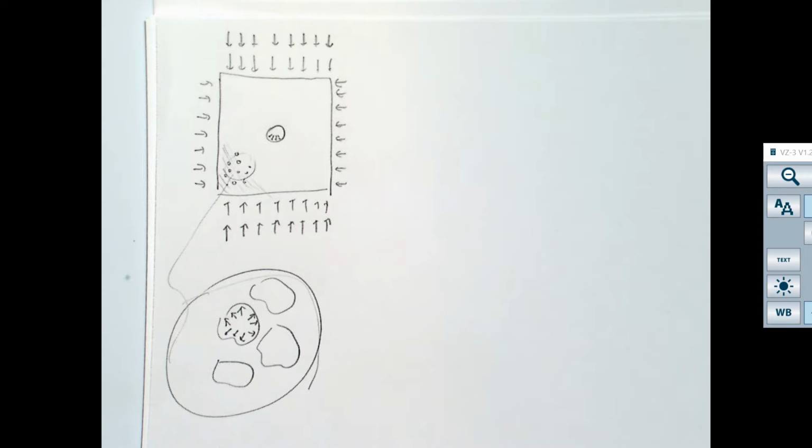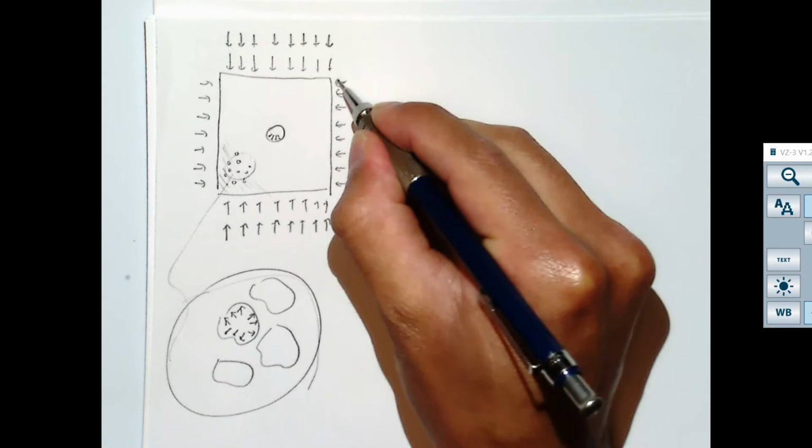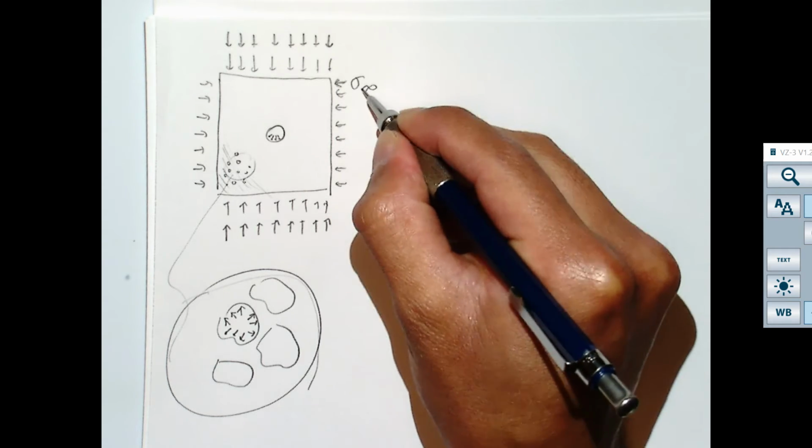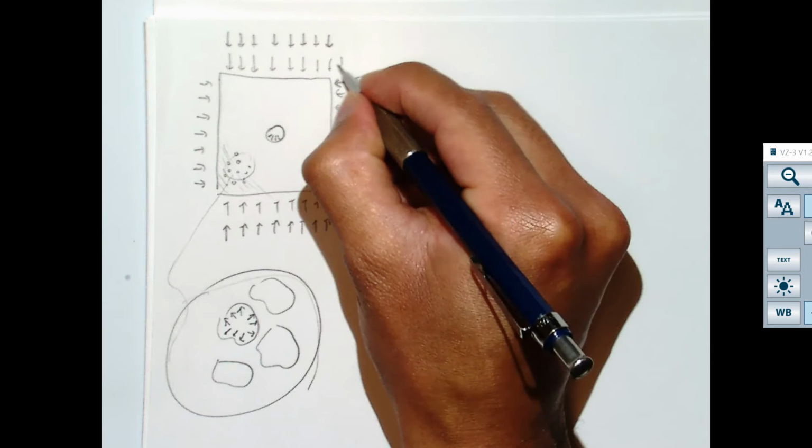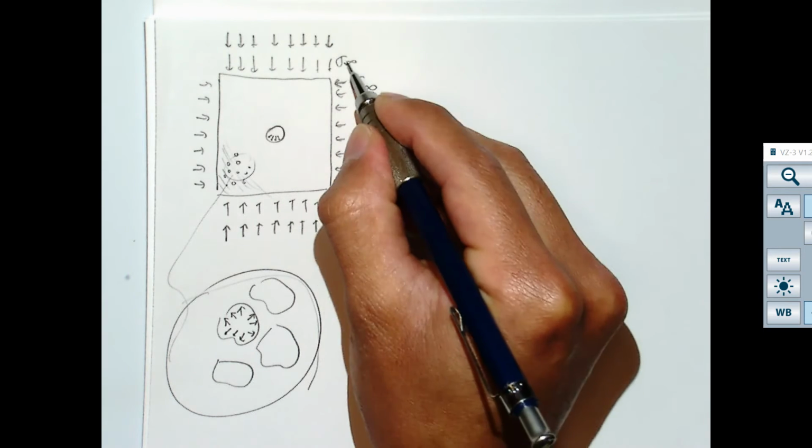Well, in order to make this easier and to understand all the variables involved in here, what we're going to do is we're going to call the far field stresses sigma infinity, where sigma infinity is the stress in this direction and is equal to the stress that's going up and down.